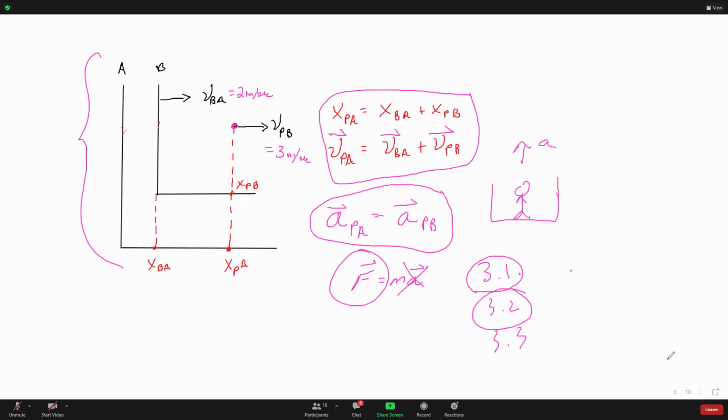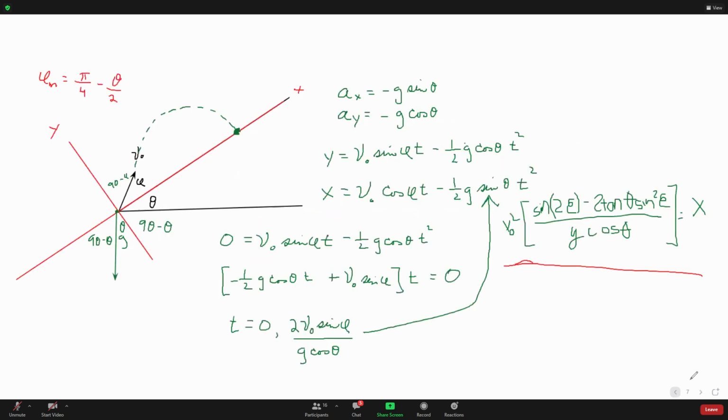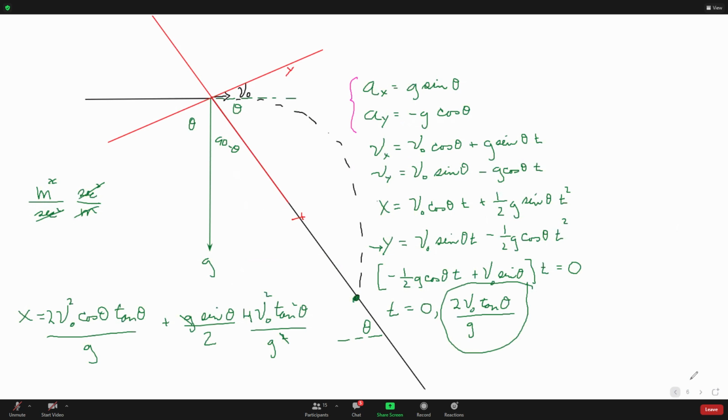Anybody have anything they want to say? Yeah, I do. I don't know if you could go over it quickly, but it was, I believe, the second example you talked about, which was the problem you gave us last week, specifically about the A_x and the A_y components. I have an idea of why the sine theta and cosine theta are there, but would a better explanation be that you use the Pythagorean theorem, and then sine theta is equal to the opposite over the hypotenuse?